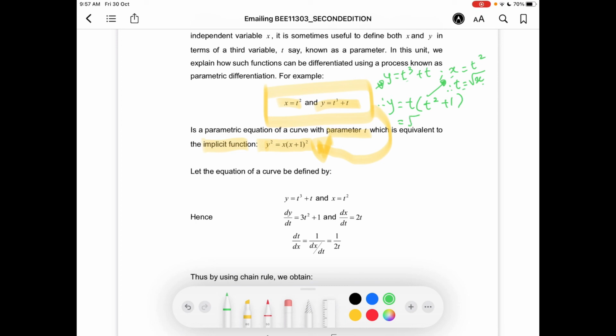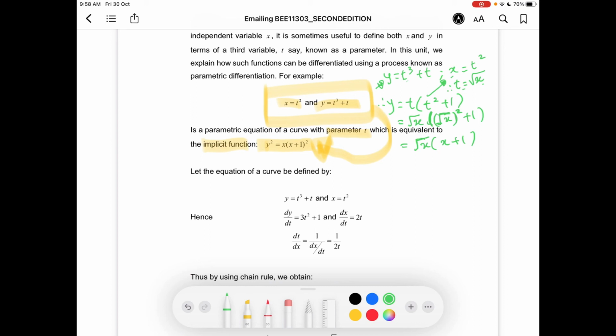So t is square root x, times (t squared plus 1), which is (square root x squared plus 1). The square root of x squared is cancelled out, so what's left is x plus 1.